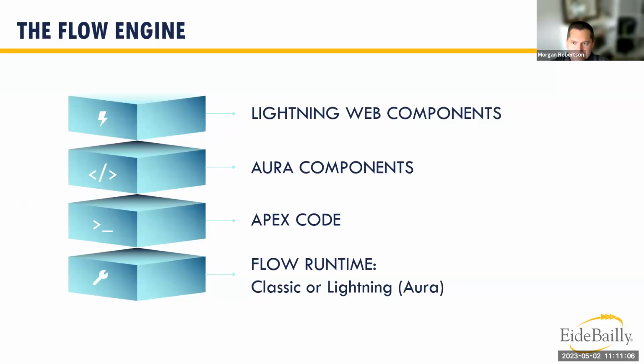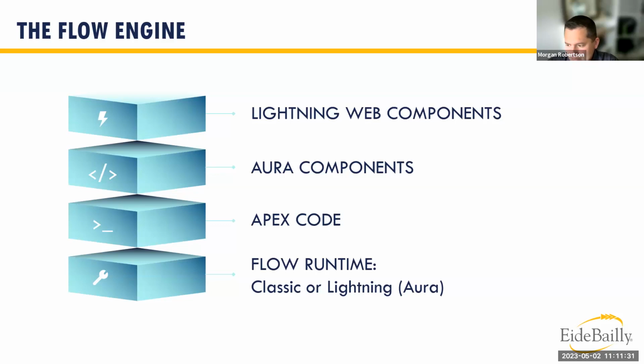So let's talk about the flow engine. There's a term in the industry called eating your own dog food. Salesforce eats their own dog food, right? They create this platform, and then they use the tools that they build for us themselves to deliver functionality to us.